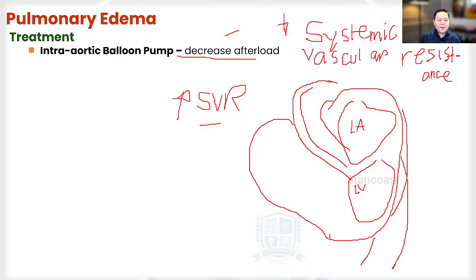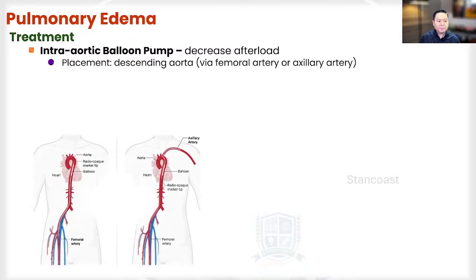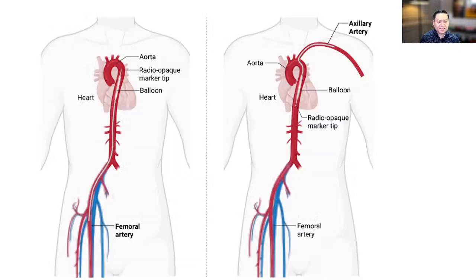Now, talking about the use of the intra-aortic balloon pump, let me erase this. The intra-aortic balloon pump actually is a device that includes the placement of the balloon into the descending aorta. So let me increase the size here.